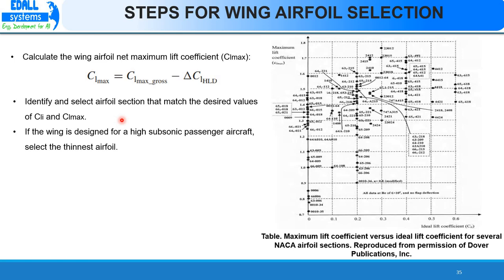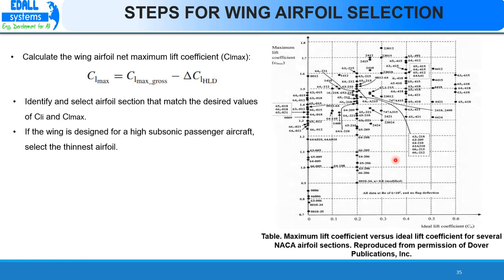The figure shows maximum lift coefficient CL max versus ideal lift coefficient CLI for several NACA airfoils. In this graph, the horizontal axis represents airfoil ideal lift coefficient and the vertical axis represents maximum lift coefficient. All the black dots represent one NACA airfoil section.